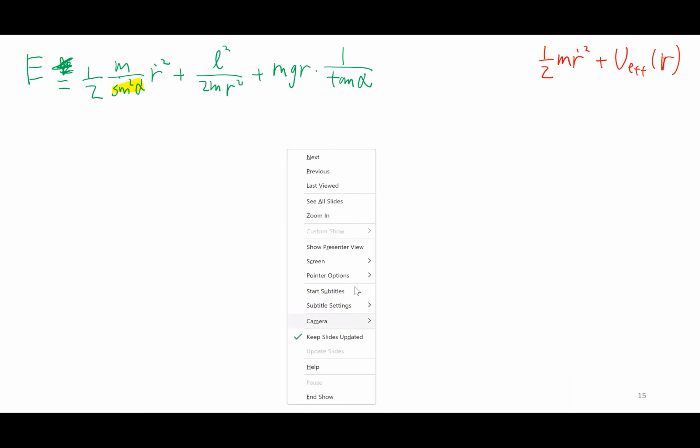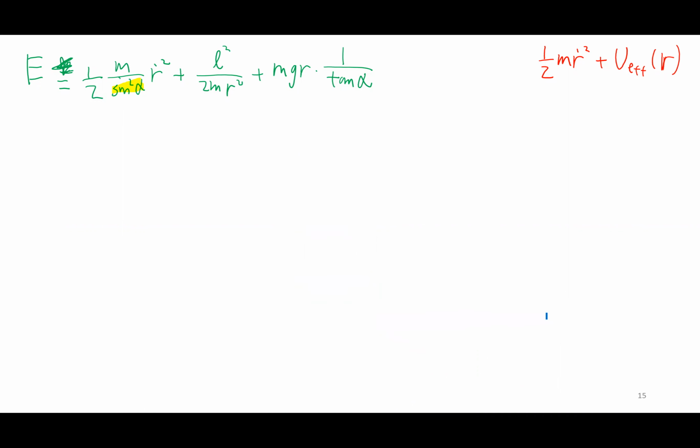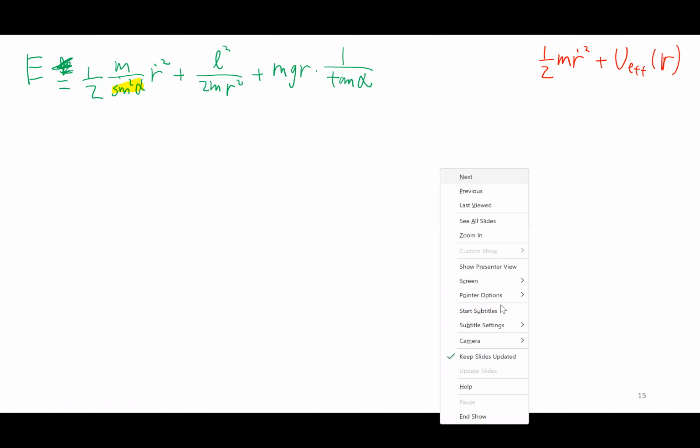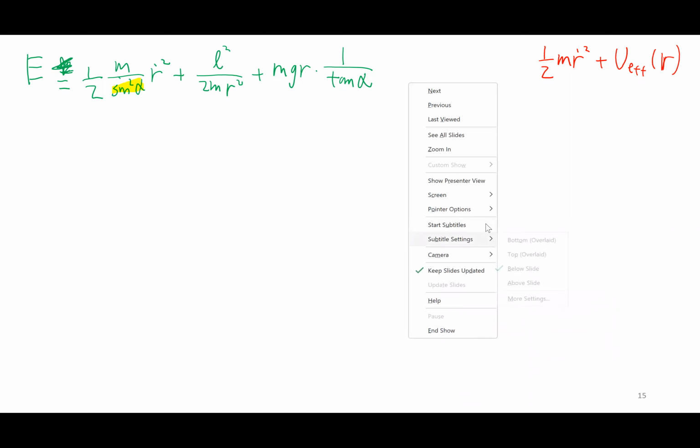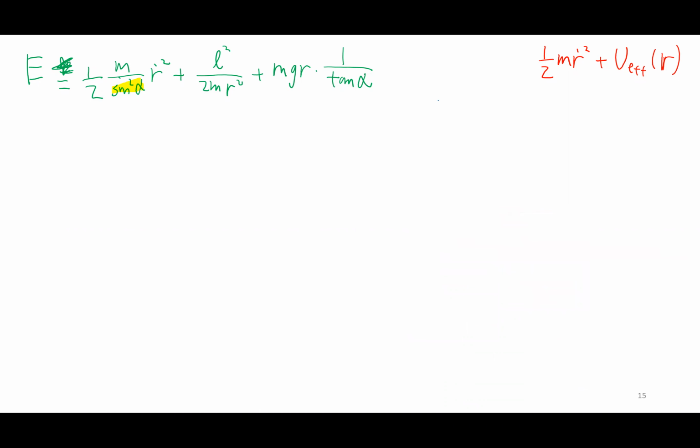So next, what I'm going to do is to define a new thing called the capital M. I define this capital M to be M divided by sine square alpha, which is this term over here.